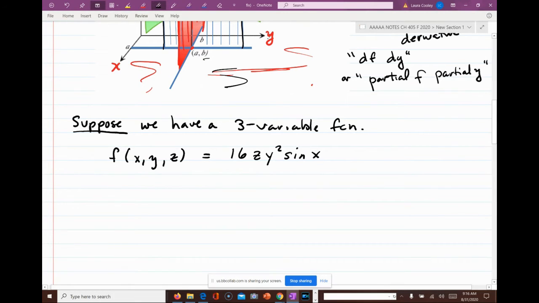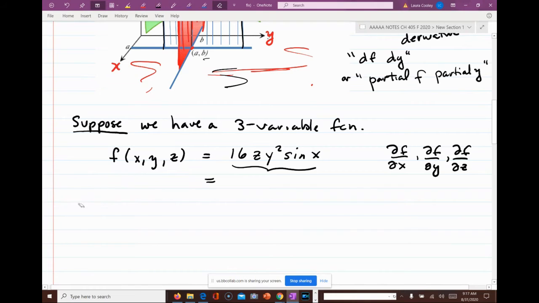But you can find its partial derivatives with respect to x, with respect to y, and with respect to z. Okay, so let's find partial f, partial x. First of all, we take a look at this function. What I would do is put the constants in front of it.